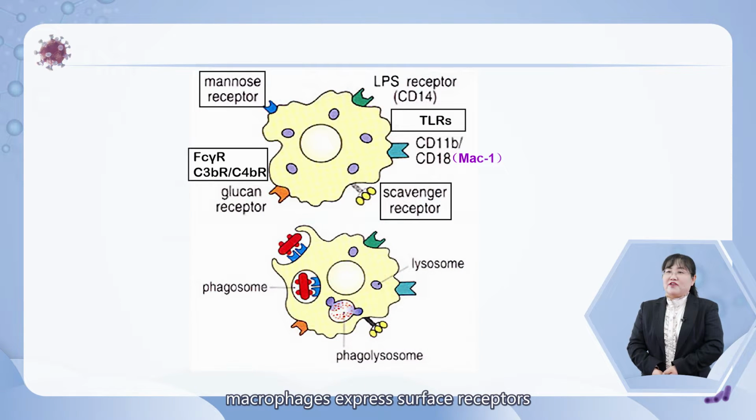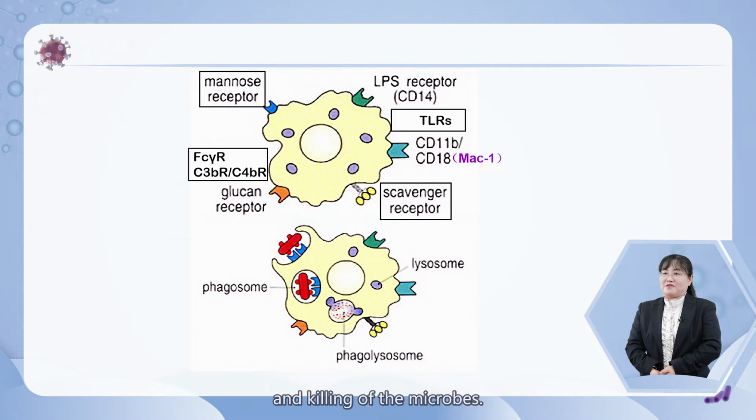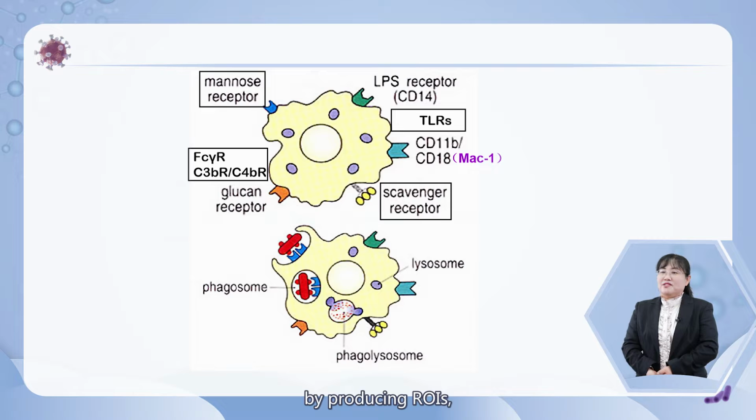Macrophages express surface receptors such as toll-like receptor, mannose receptor, and scavenger receptor that recognize microbes in the blood and tissues and stimulate the phagocytosis and killing of the microbes. Activated macrophages kill phagocytosed microbes by producing ROS, nitric oxide, and enzymes in phagolysosomes.